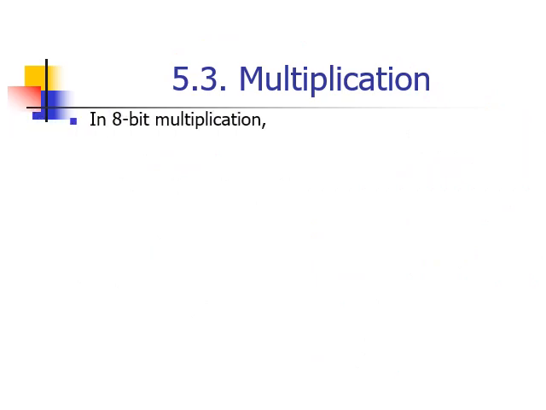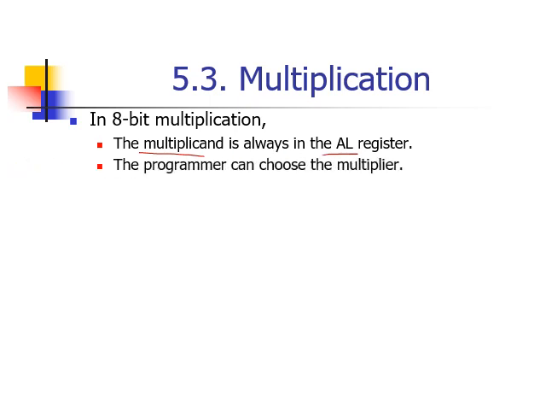Okay, in 8-bit multiplication, the multiplicand is always saved in AL, and you as a programmer will determine the multiplier. So multiplications, we have multiplicand placed in AL, and the number you need to multiply the content of AL with is determined by the user and is called multiplier.